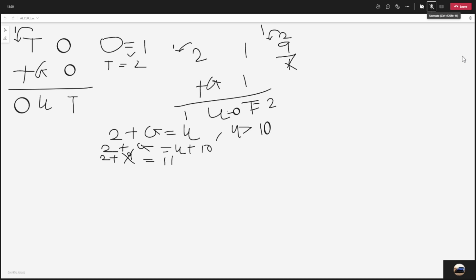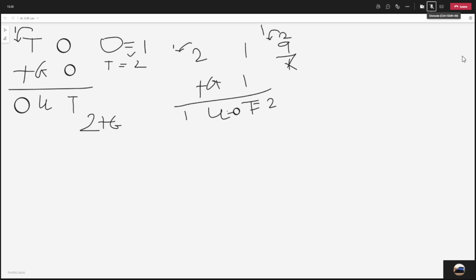Okay. So now what shall be done? 2 plus G equals U plus 10. Now let's suppose the value of G is 8. So 2 plus 8, here I get 10. So we get 0, and 1 is carryover.